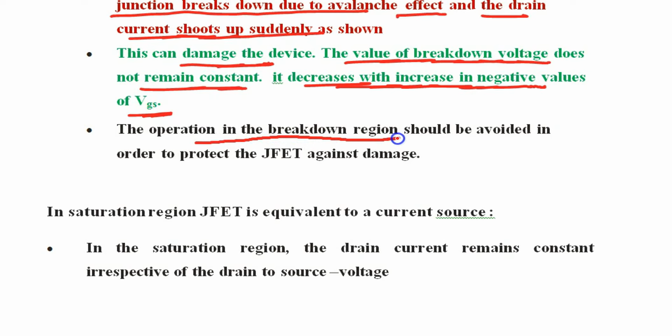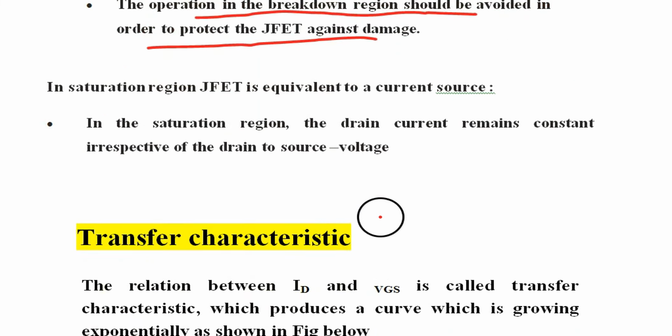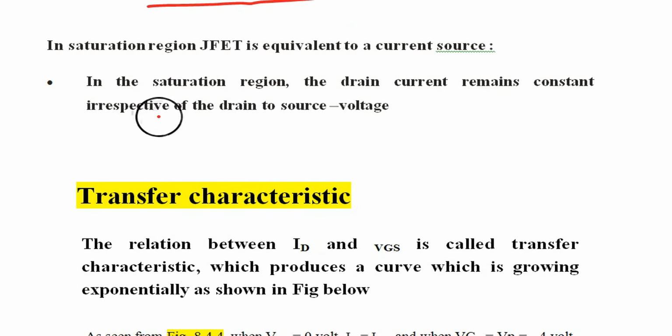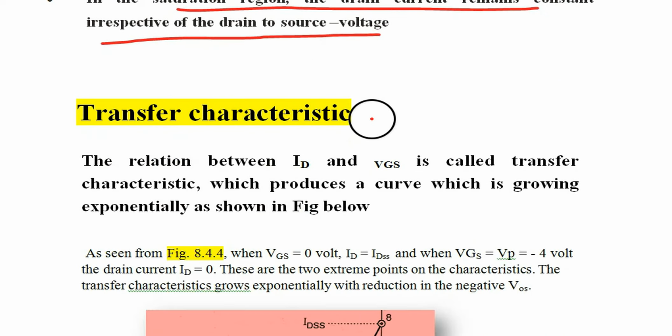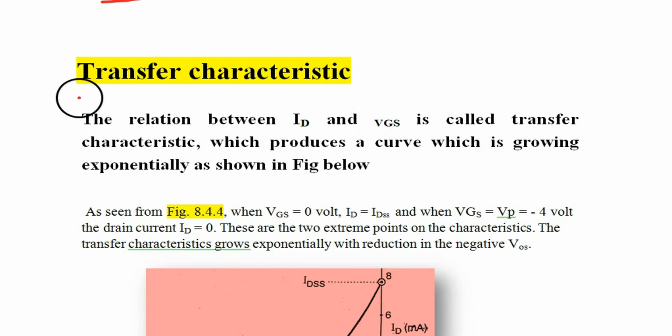The operation in the breakdown region should be avoided to protect the JFET. In the saturation region, drain current remains constant irrespective of the drain source voltage.